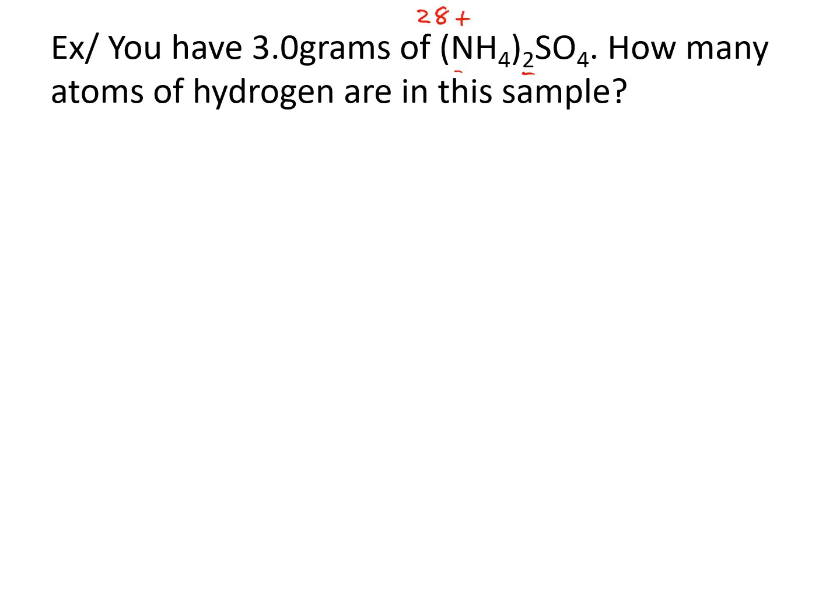Now there's 4 hydrogens here. 4 times 2 is 8. Hydrogen has a molar mass of 1. So since there's 8 hydrogens, it's going to be plus 8. Sulfur has a molar mass of 32.1. So it's going to be plus 32.1 for sulfur. And oxygen is 16. So 16 times 4 is 64.